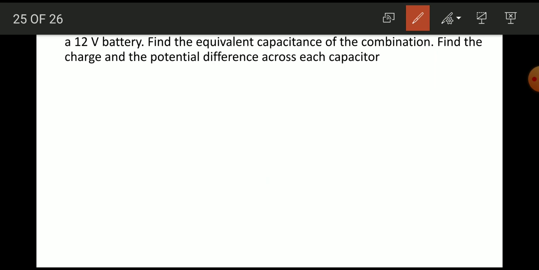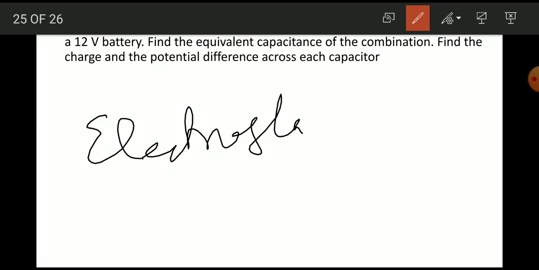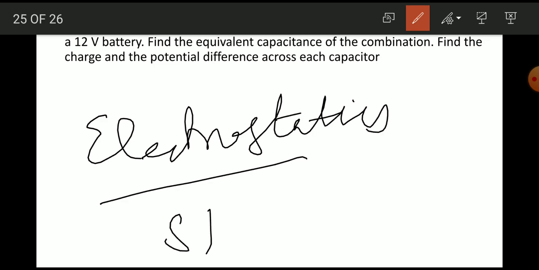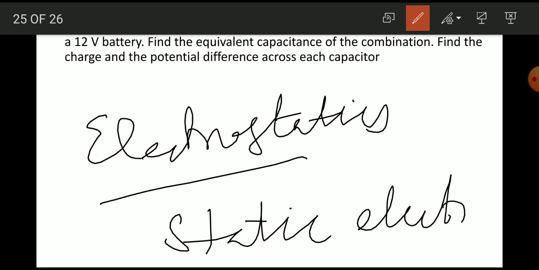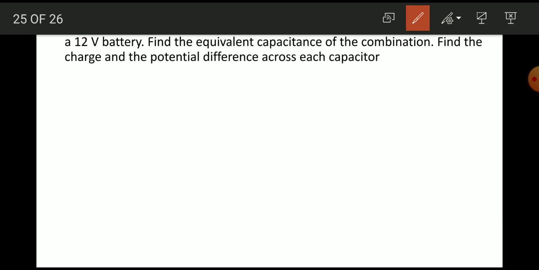This chapter is based on electrostatics. Electrostatics means static electricity: the study of charges in a state of rest.